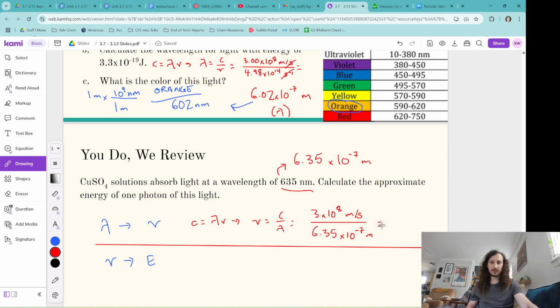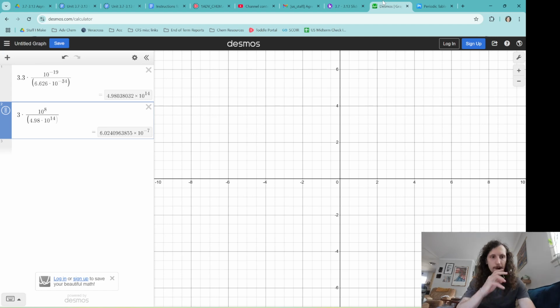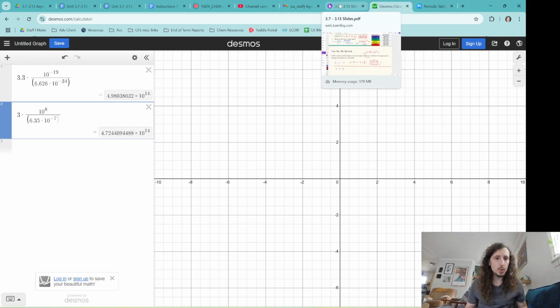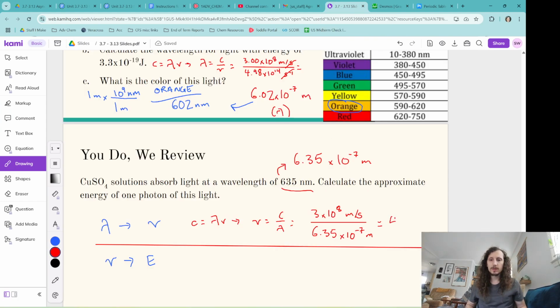I suppose you could convert the speed of light into nanometers per second, but that sounds stupid. So, 6.35 times 10 to the negative 7. We get 4.72 times 10 to the 14th, and that is again per second.